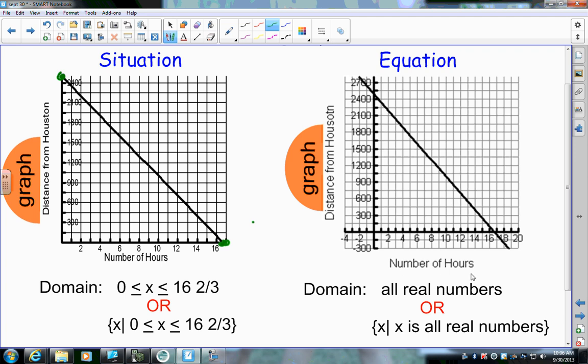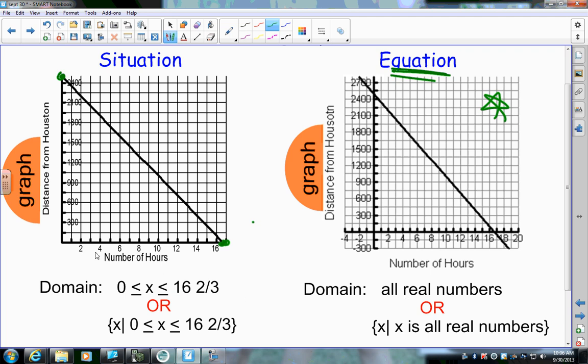It is just every number that could show up. So anytime, hint, hint, hint, on your paper, anytime it asks you what is the domain or range of an equation, it is always all real numbers. Hint, hint, hint. Write it down.